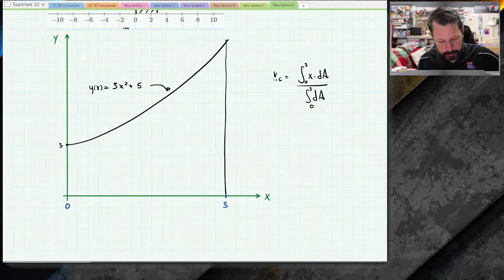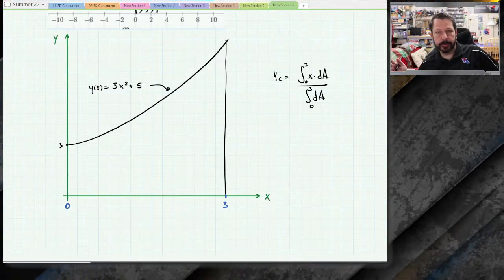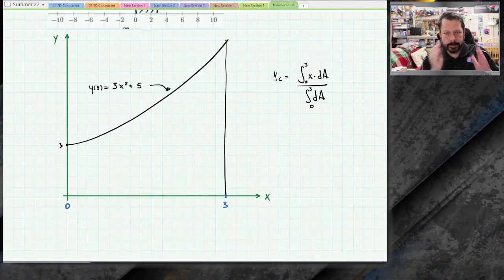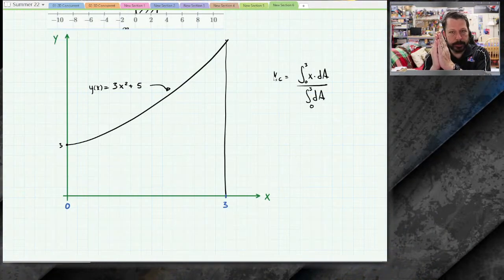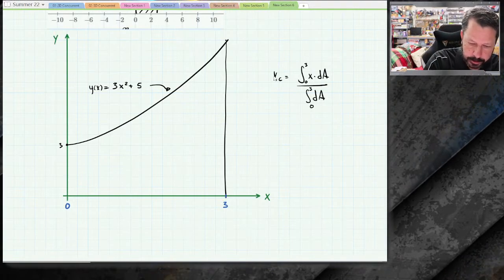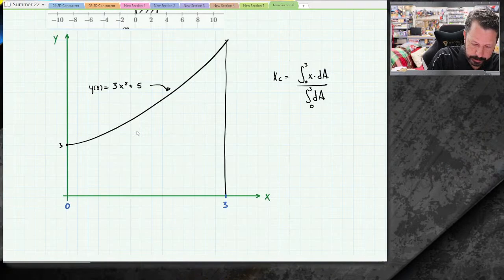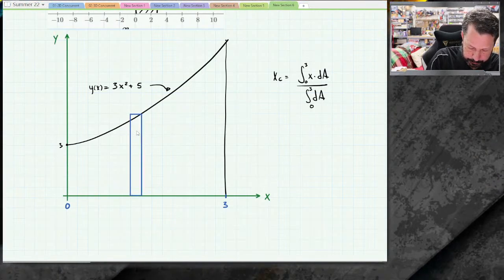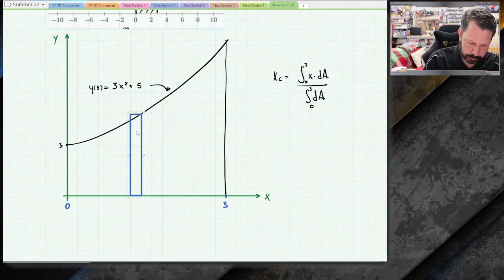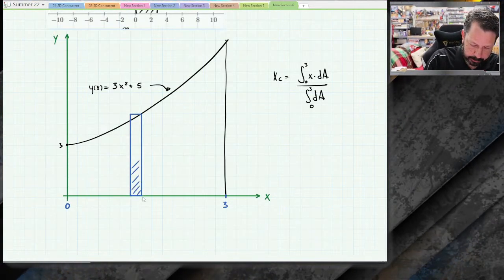So when you integrate, remember you're calculating the area under the curve by dividing it into really narrow little strips and adding all those strips together. That's what integration does. So I'm going to draw a bigger than normal strip just so we can see it. But that right there, that could be dA.